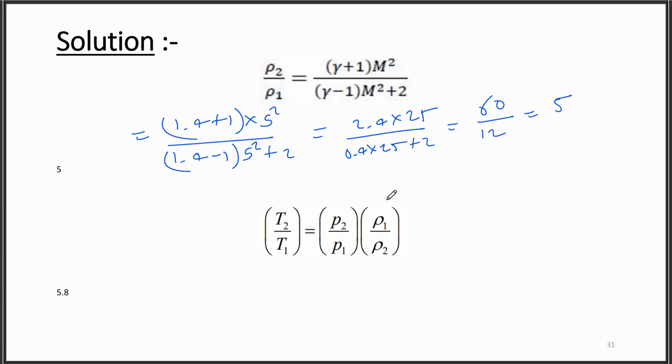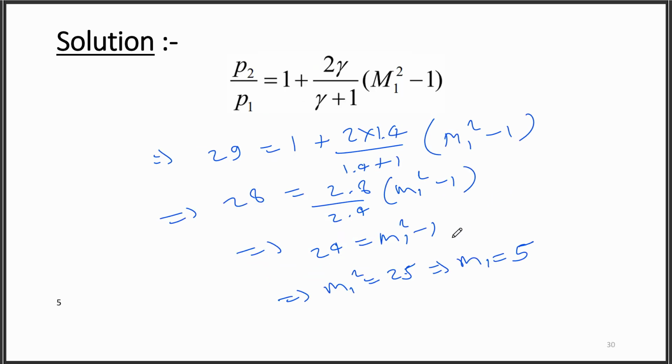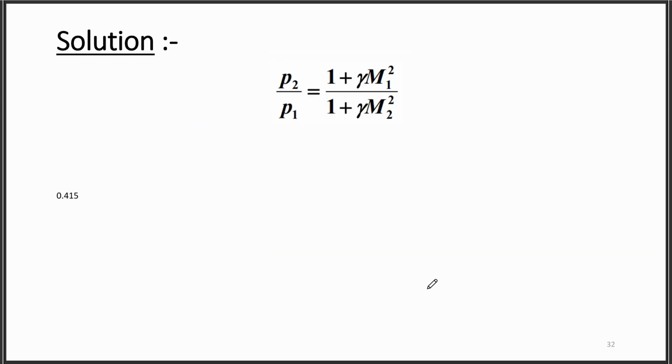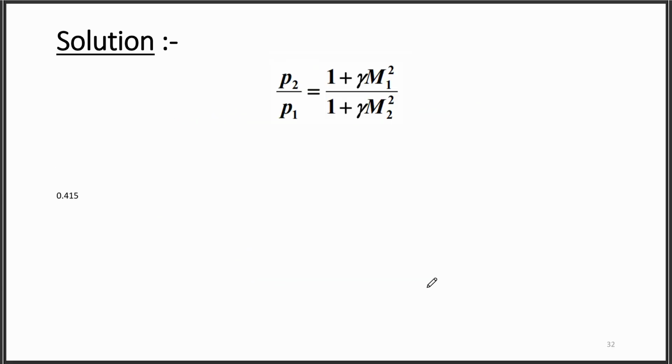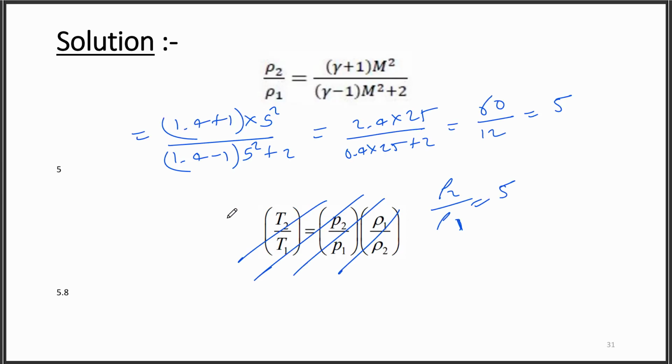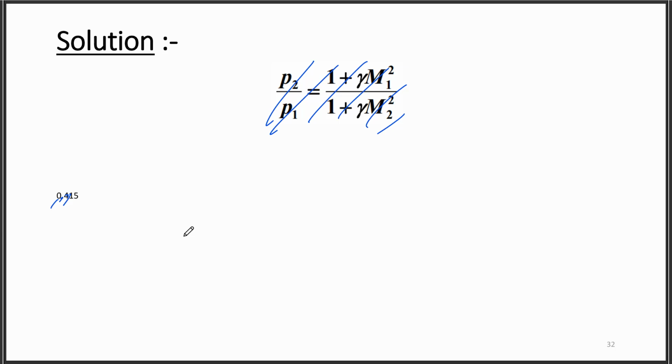So rho2 upon rho1 is 5. We don't need the other formulas. These two things we got: M1 equal to 5 and rho2 upon rho1 is 5.